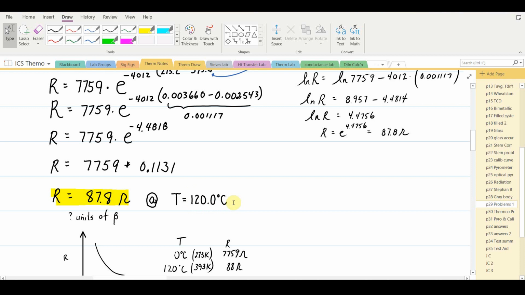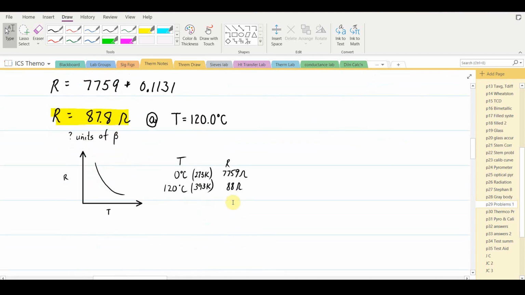So let's just think about it for a second. Make sure this makes sense. At 0 degrees C or 273 Kelvin, and just rounding things out to think about them, we had a resistance of 7759 ohms. At an elevated temperature of 120 degrees Celsius or 393 Kelvin, look at how much the resistance dropped. It dropped to 88 ohms approximately.